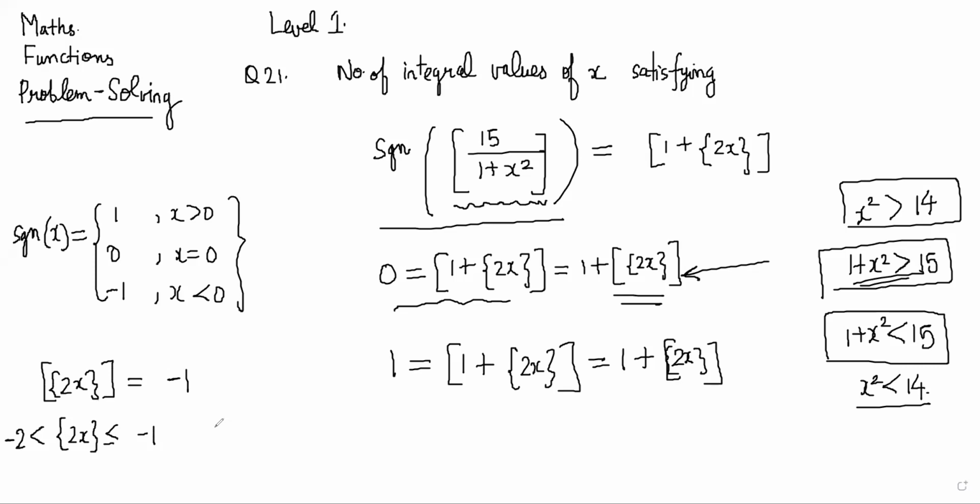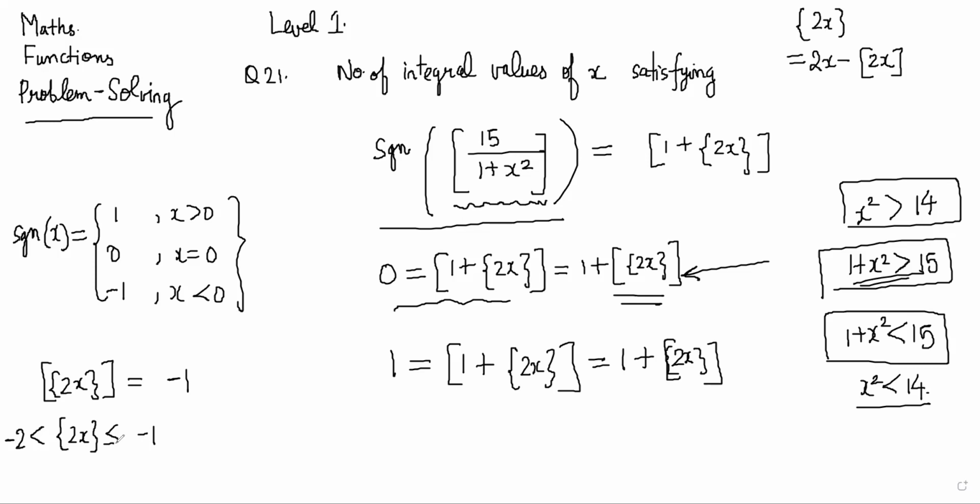And the fractional part of x can be written as 2x minus GIF of 2x. But maybe that will not help. So we have to think about it. The fractional part of 2x is between -2 and -1.